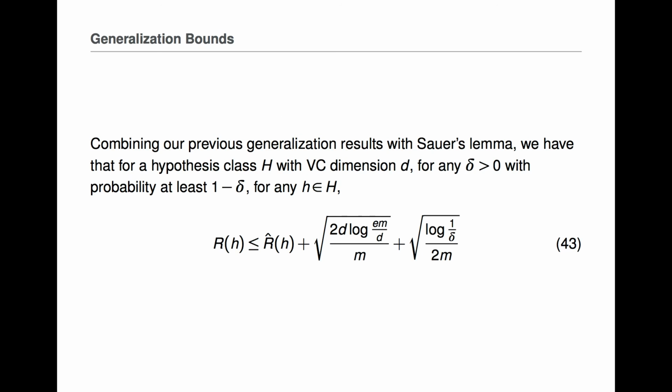So we can combine our previous generalization results with Sauer's lemma, the thing we just proved, and apply our Rademacher complexity bounds.